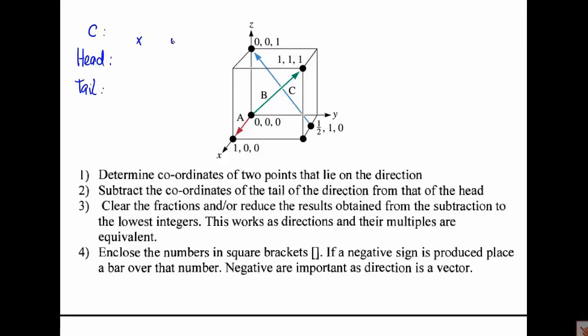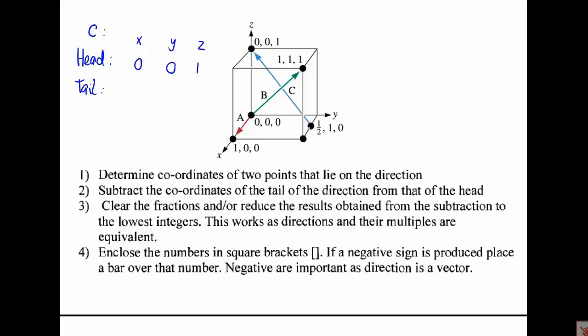The coordinates will have x, y, and z values. The coordinates of the head of the blue arrow is given by 0, 0, 1. Why? Because it is one lattice parameter above the origin, and the direction going above is the z direction.